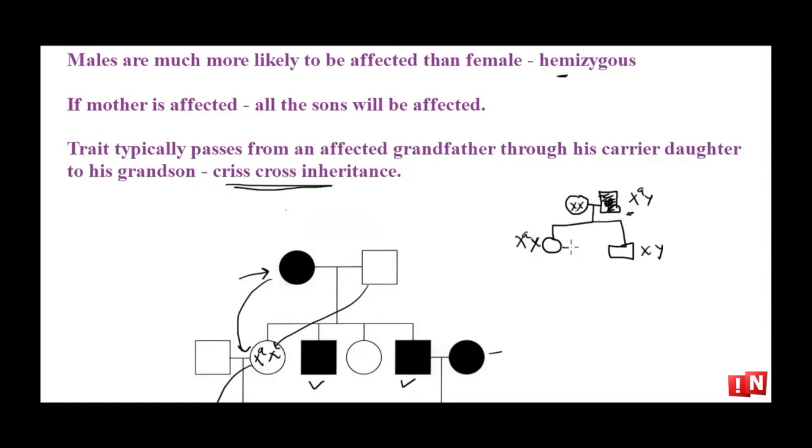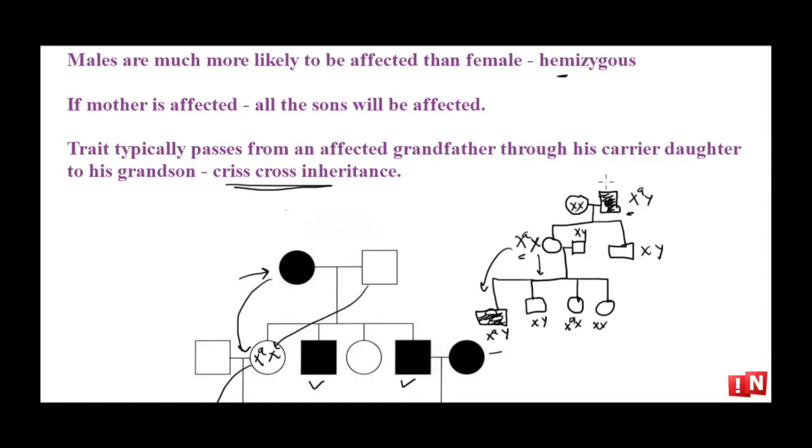Now, when she marries a normal partner and they have kids, the daughters might be either carrier or normal based on what they have got from her. The father will obviously give one normal X chromosome. And for a son also, based on what X chromosome they are getting from the mother, either they'll be affected or unaffected, right?